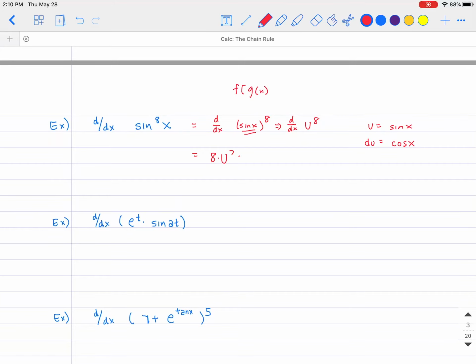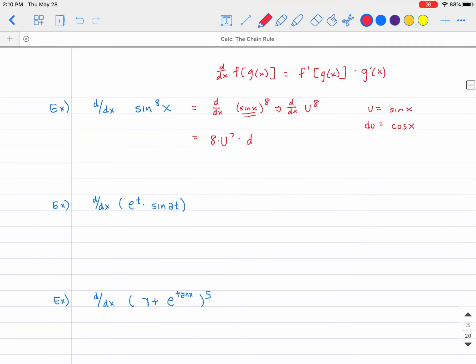Remember, the chain rule says that if you have f of g of x, its derivative is the derivative of the outside function multiplied by the derivative of the inside function. So what that means is I need to take what I have, the 8 times u to the 7th, and multiply by the derivative of u. That's going to be my g prime part.